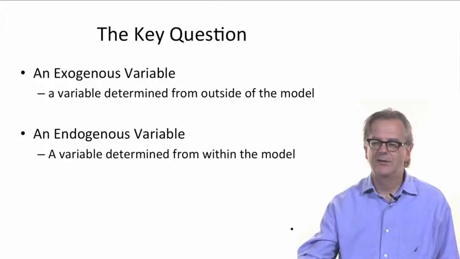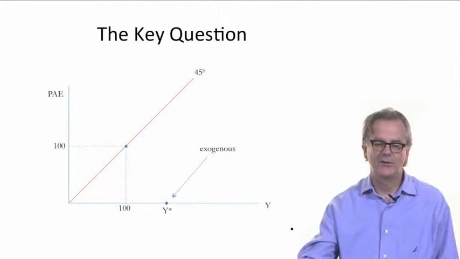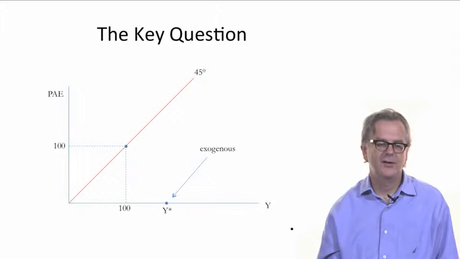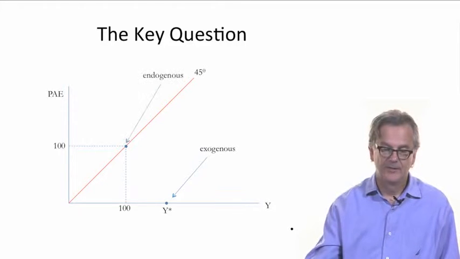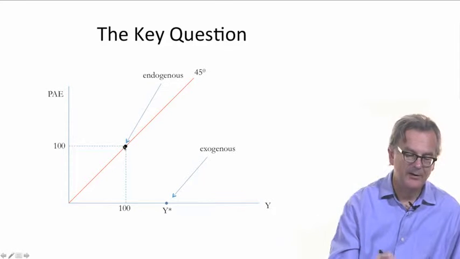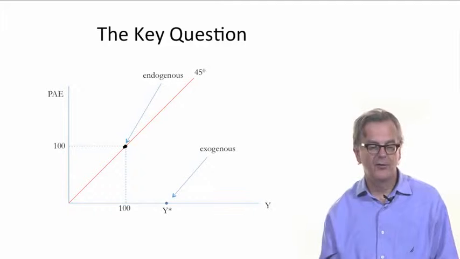Now, why is this distinction so important? Why is this the key question? It's because of this. Suppose we go back to that first illustrative example when I introduced the concept of equilibrium to you. Suppose the economy's equilibrium was that point here, where planned aggregate expenditure and actual GDP coincide at 100 units.